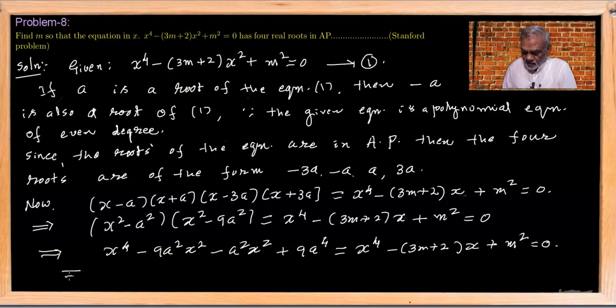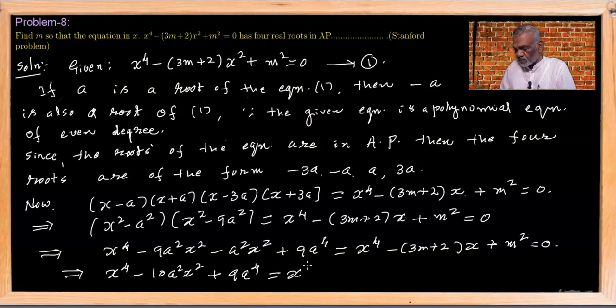And this implies x raised to 4 minus 10a square x square plus 9a raised to 4 equal to x raised to 4 minus (3m plus 2) into x square plus m square is equal to 0.